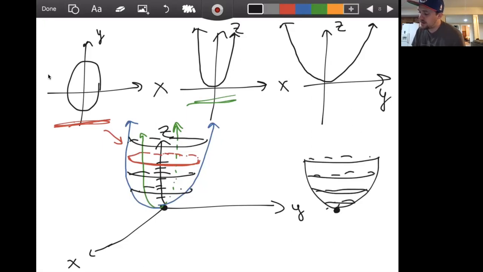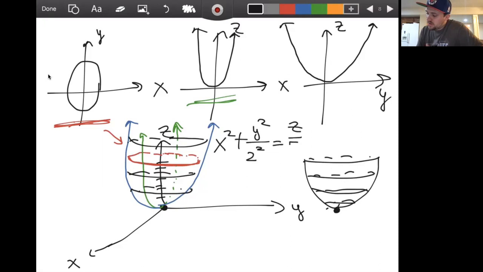You can think about it like a parabola, but you rotate the parabola in the 3rd dimension, and you get this infinite bowl, which we call an elliptic paraboloid. And so this is how we can use traces to find sketches of our surface. So this is the surface, x squared plus y squared over 2 squared equals z over 5.